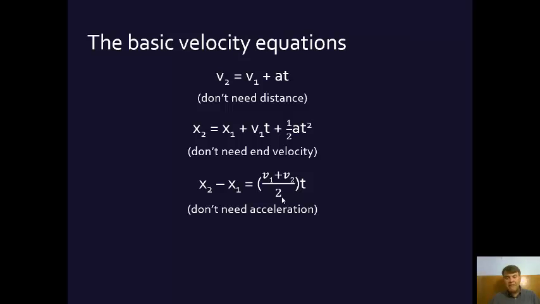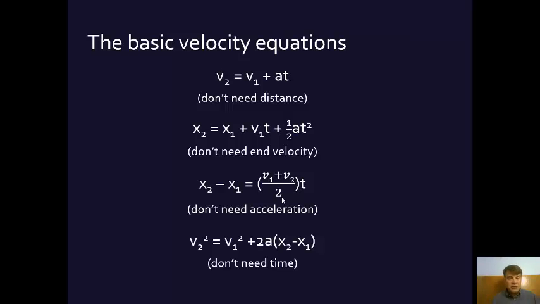The last formula I find a little bit harder to remember, but the nice thing about the final formula is you don't need to know the amount of time in order to solve it. So the closing velocity squared equals the initial velocity squared plus twice the acceleration times the distance covered. Again, you don't have to be able to derive these formulas to use them.